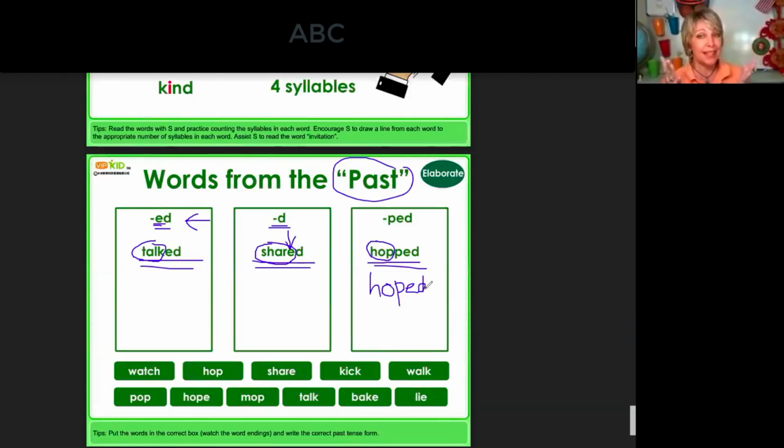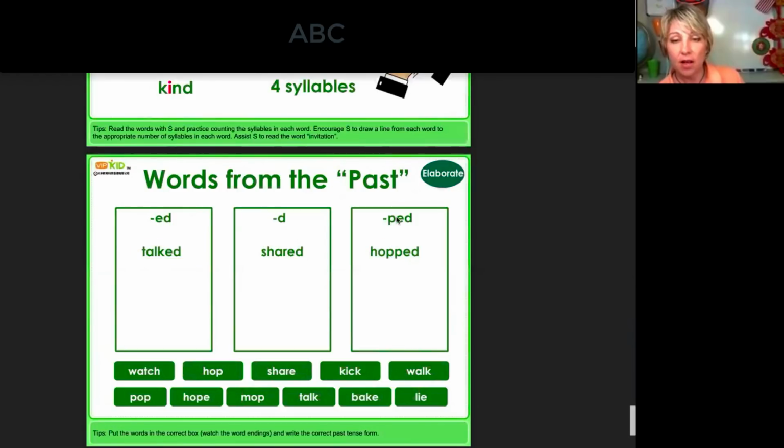And she might take a second to think about it, and I might have to point out what happens with Bossy E. Bossy E says, say your name, say oh. So this becomes, and she'll read hoped. Excellent. We don't want it to be a Bossy E. So I'm going to clear this off and say, we just want it to stay a short O. So we have to add another consonant and then ED.